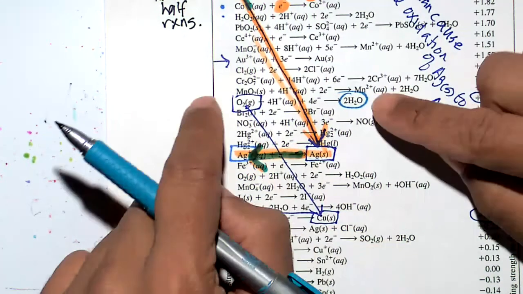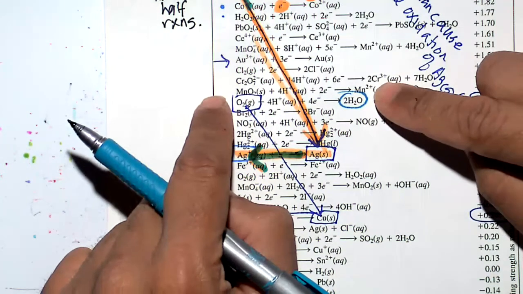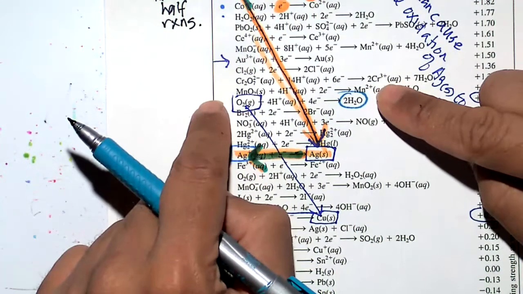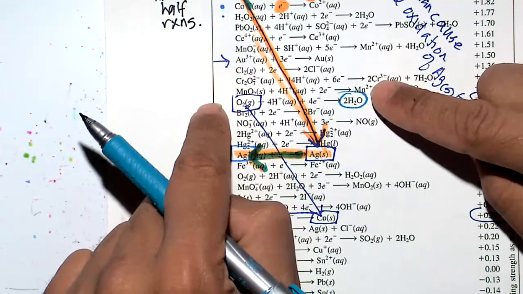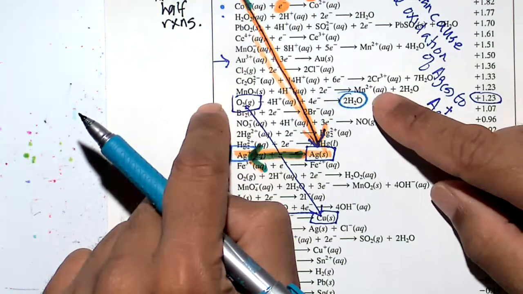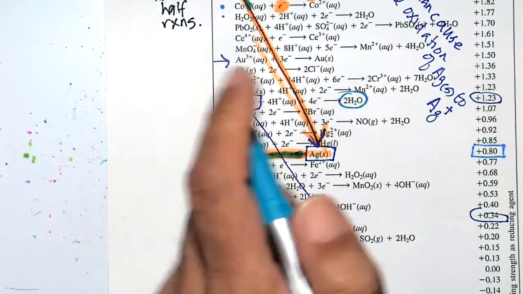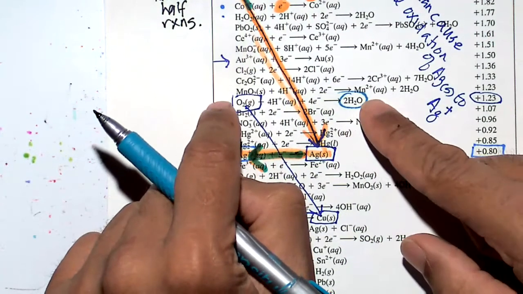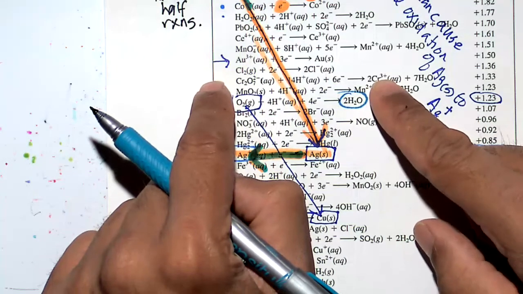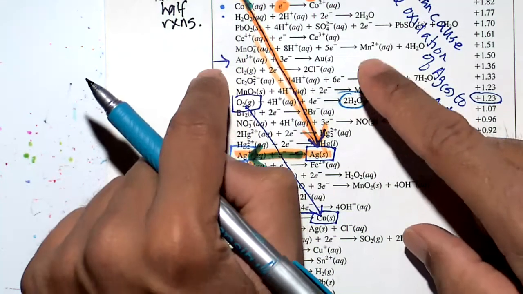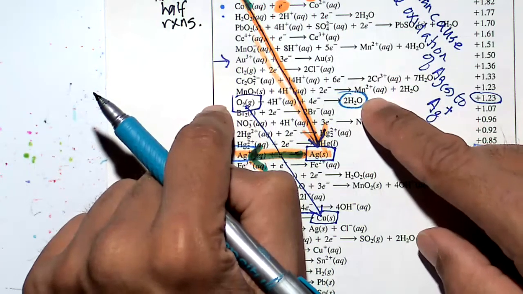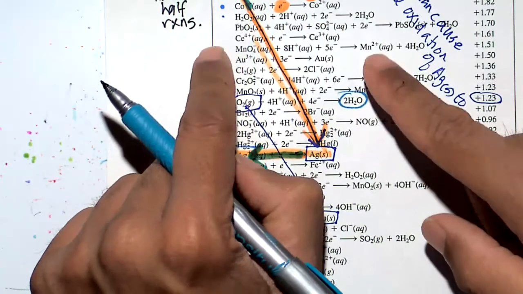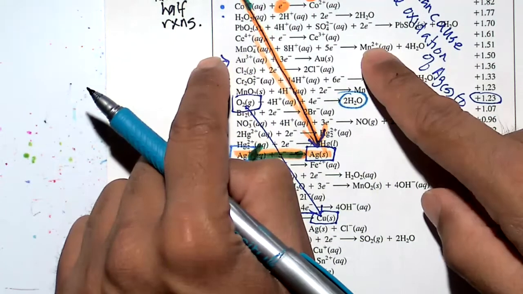Now, can this flip anything above it? No. You'll get a negative voltage. So this cannot oxidize Cr2O7. Looking at the O2 here, this O2 cannot oxidize Au plus 3. It cannot. Why?